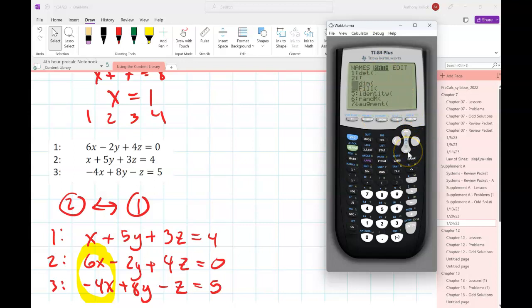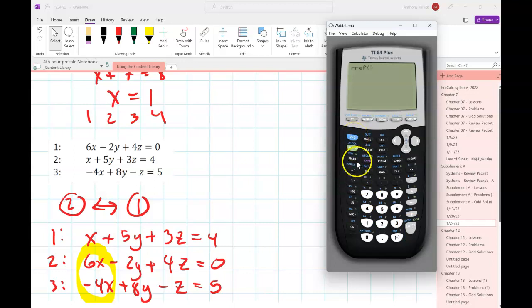And I'm going to scroll down looking for the command RREF. That's the command on your calculator that has this triangular matrix thing already programmed into it. So I'm going to go ahead and press enter.